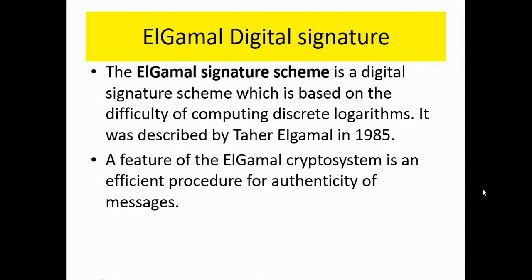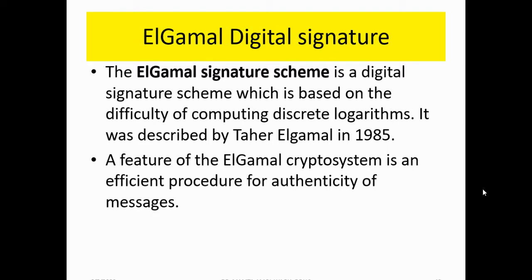The Elgamal signature scheme is a digital signature scheme which is based on the difficulty of computing discrete logarithms. We already know that Elgamal crypto system strength is based on the discrete log problem. So the same thing is here in the Elgamal signature scheme also. It is based on the difficulty of solving the discrete log problem.